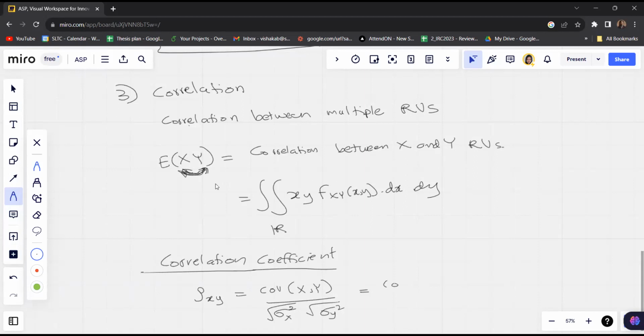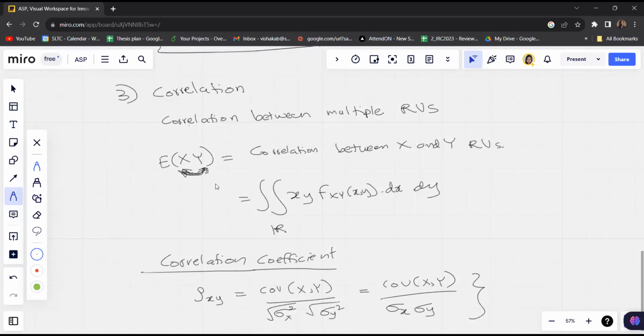So this will give us covariance of xy divided by sigma x and sigma y. This output will give us the correlation coefficient value, rho xy. This value is also used to understand the correlation between x and y random variables, the relationship between the values of x and y, which we try to find using these correlation coefficients.